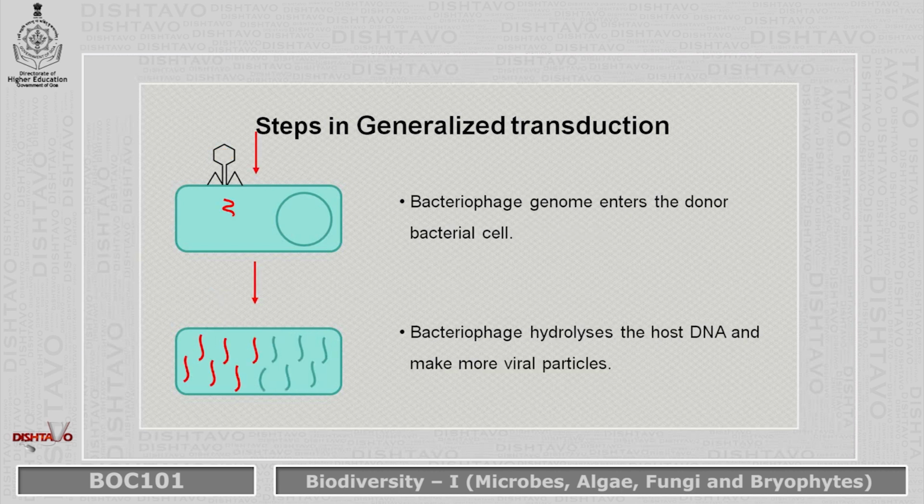This red color is the genome of the bacteriophage. As the genome of the bacteriophage enters the donor bacterial cell, it synthesizes enzymes which hydrolyze the host DNA into small fragments and starts replicating its own DNA and making its own viral particles.